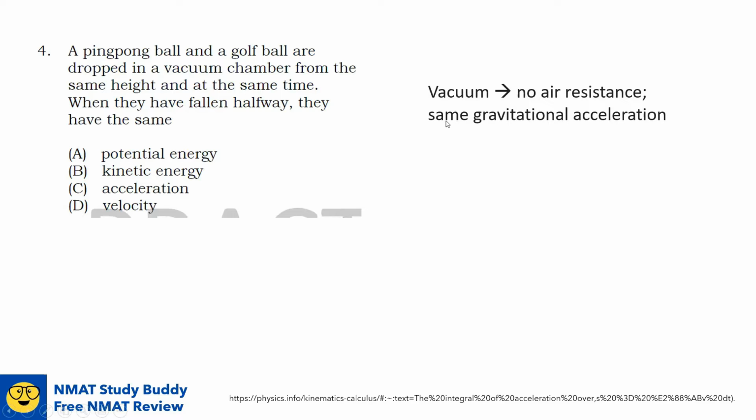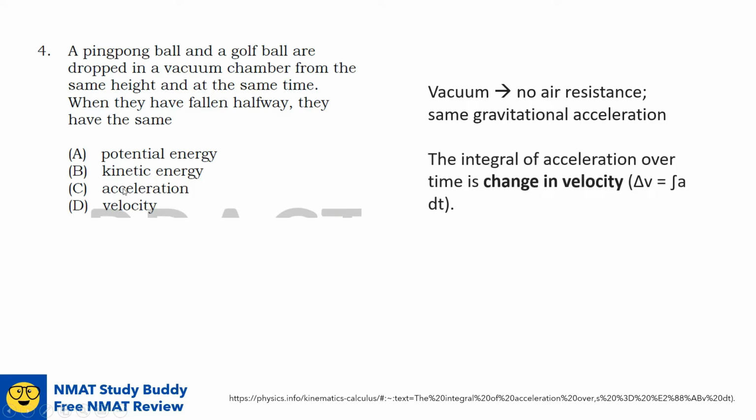So, bale, same lang yung gravitational acceleration na nag-a-apply dun sa ping pong ball and golf ball. So, for example, yung kapartner ng golf ball is feather. Ibig sabihin, kapag nasa vacuum sila, same lang yung acceleration ng pagbagsak nila kahit mas magaan yung feather kasi walang air resistance. So, yung answer natin is acceleration.